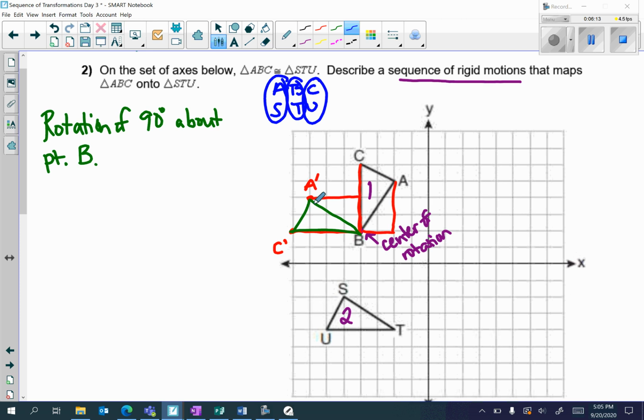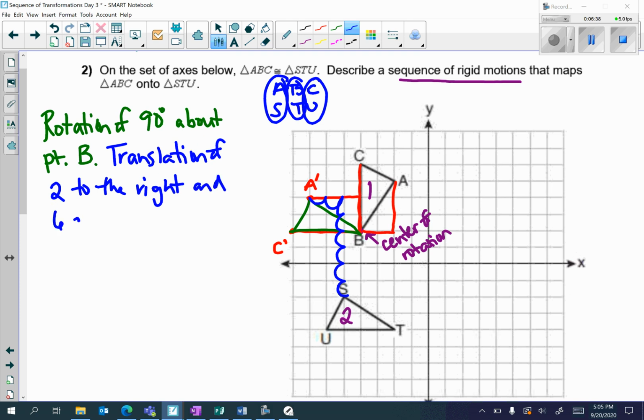A prime to S is over 1, 2 to the right, and 1, 2, 3, 4, 5, 6 down. So that's going to be a translation of 2 to the right and 6 down. You could double check this with the other points.